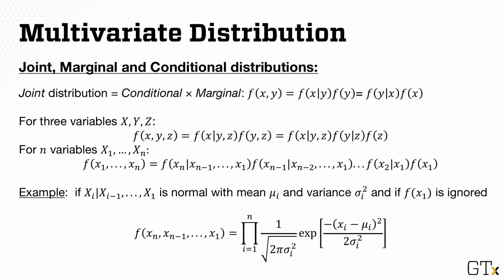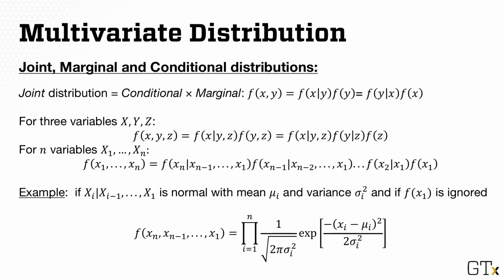We can expand this even to n random variables. Similar to the case of three variables, we will have n minus 1 conditionals and 1 marginal. Under independence of the n random variables, this becomes again the product of the marginal distributions.